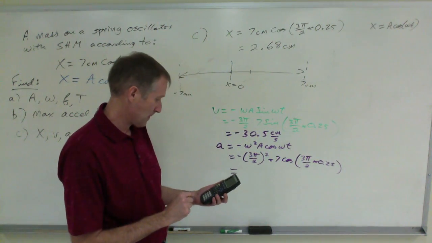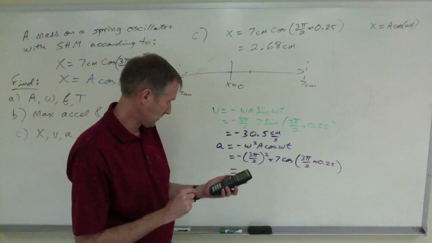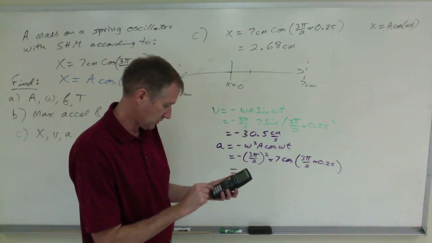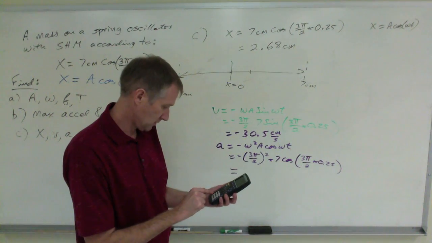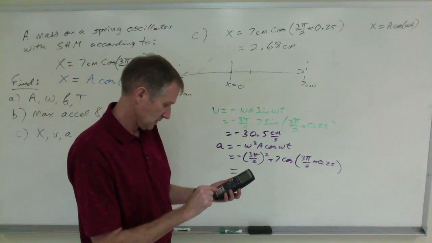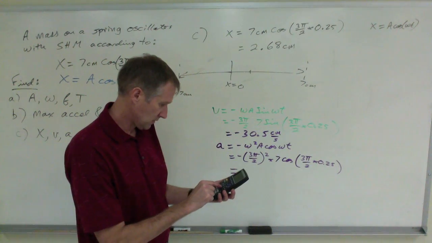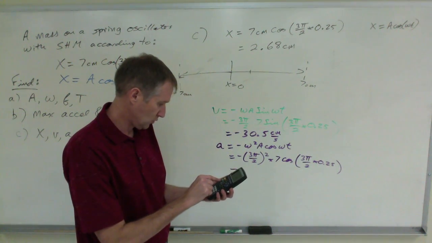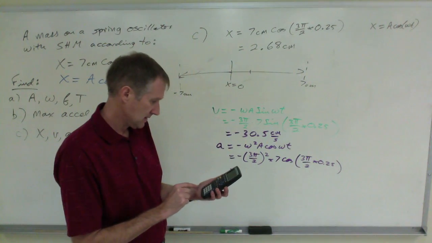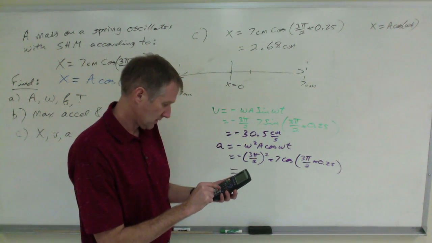So here we go. Negative, open parentheses here, I've got 3 over 2 pi, close my parentheses and square it, times my 7 centimeter amplitude, times the cosine of 3 over 2 pi again times 0.25 seconds.